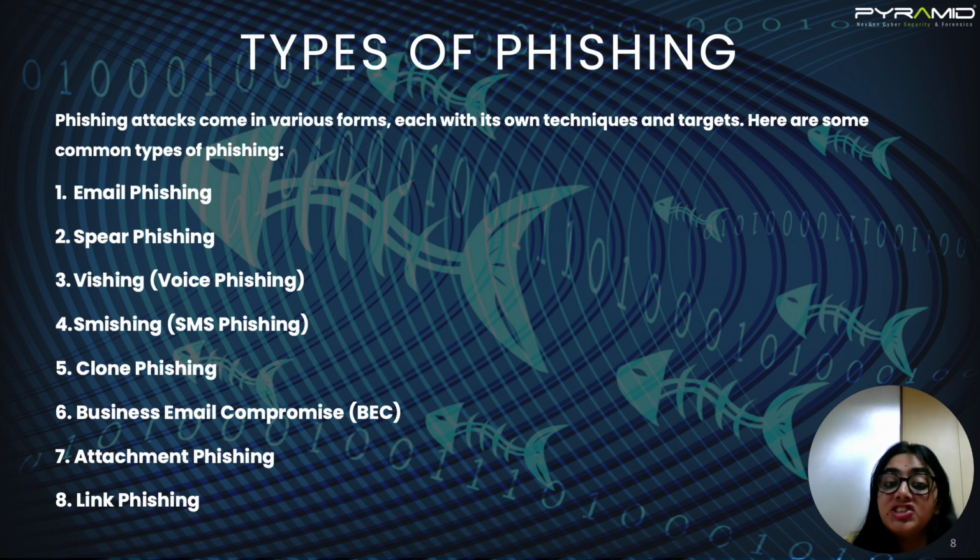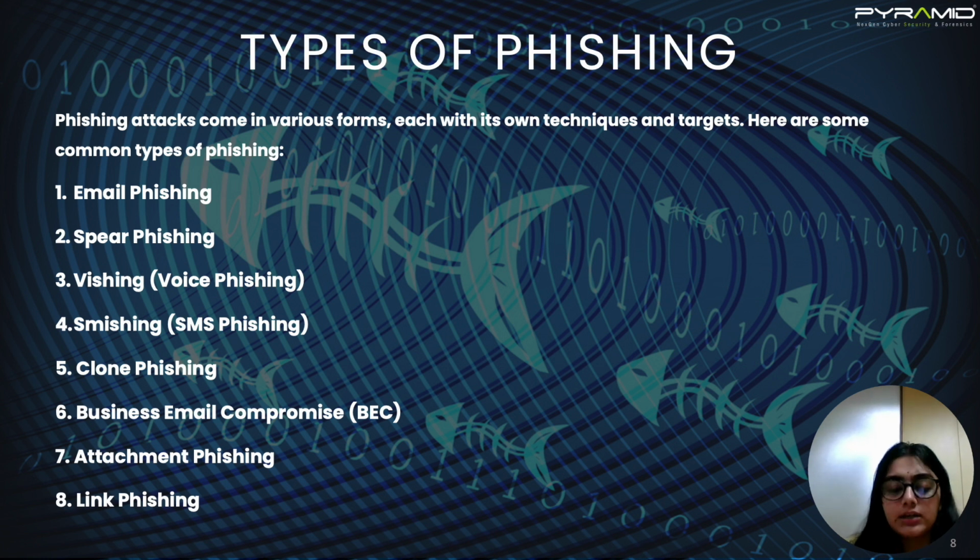Next, we have vishing. Vishing is voice phishing. In this attack, the scammers use phone calls to impersonate trusted entities such as banks or government agencies. They manipulate victims into revealing sensitive information or making payments over the phone.